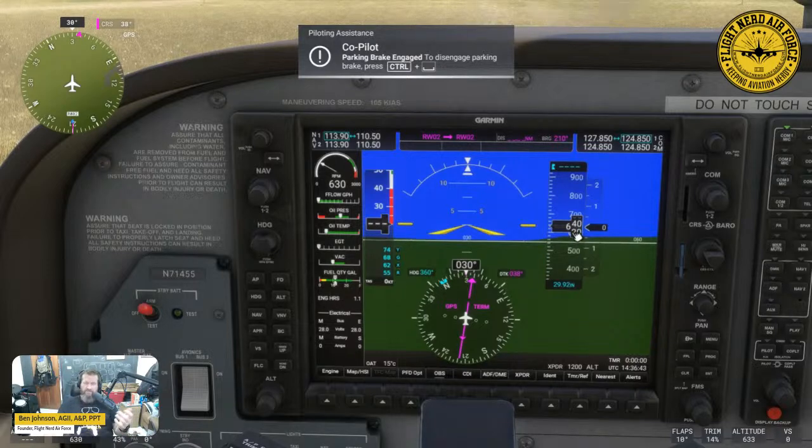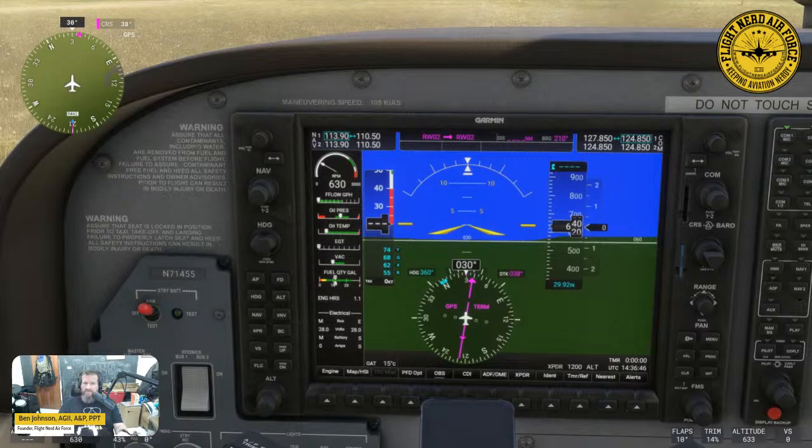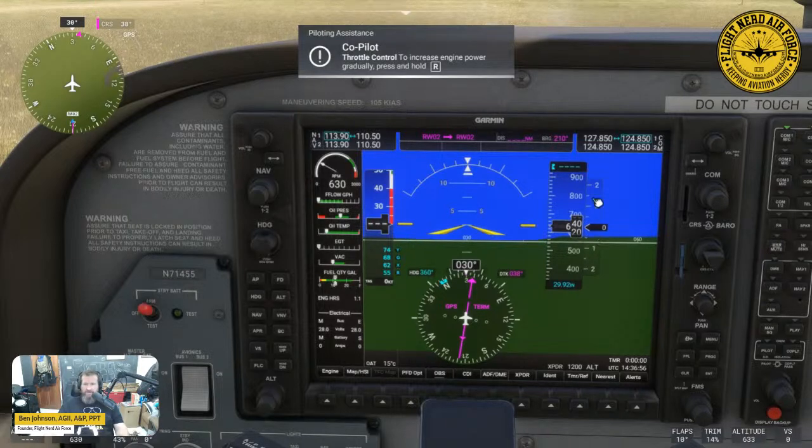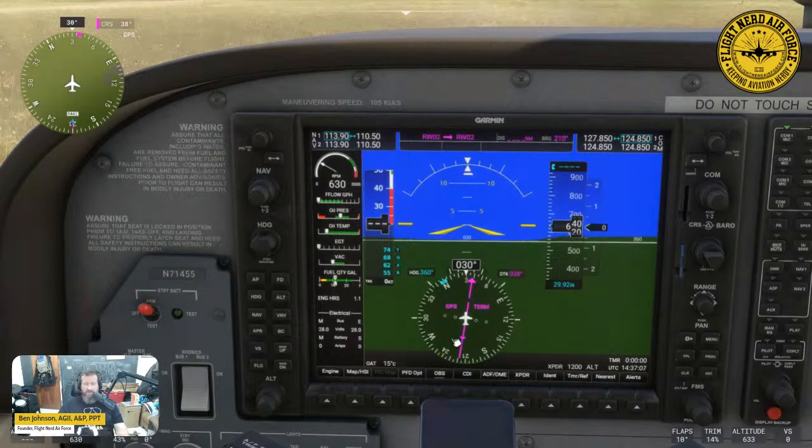Remember, just because you're on the ground doesn't mean you're at 0 altitude. We are 640 feet, 630 maybe, above sea level. And then we have our vertical speed indicator right here, and we will get a reading of our vertical speed over here. And then we have our heading indicator right here.